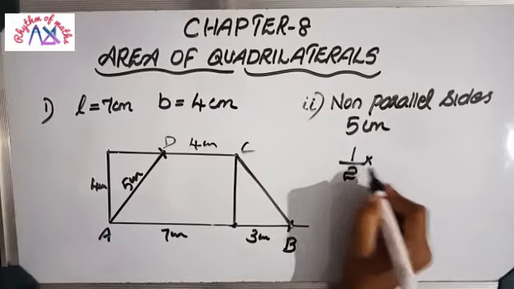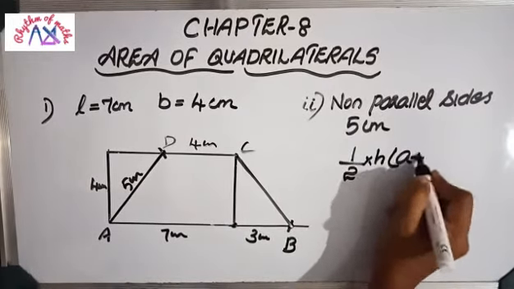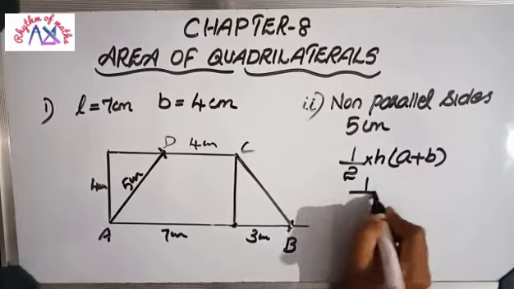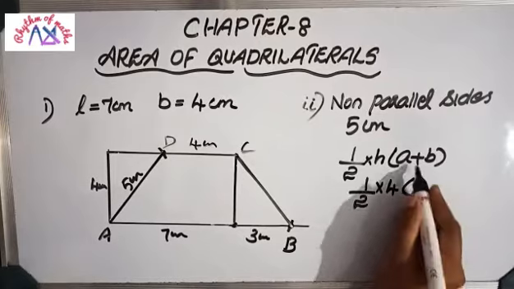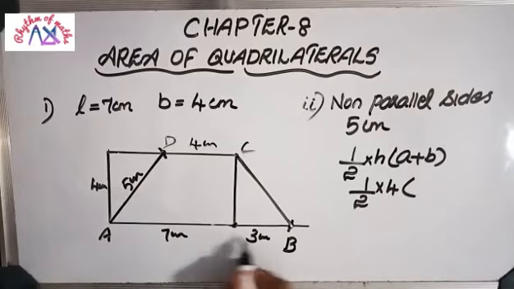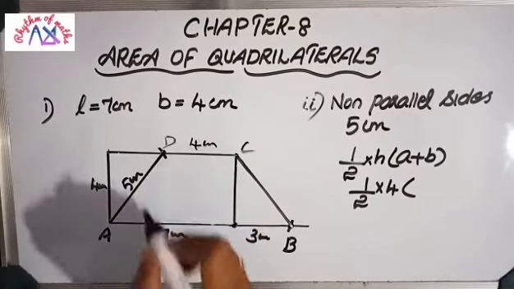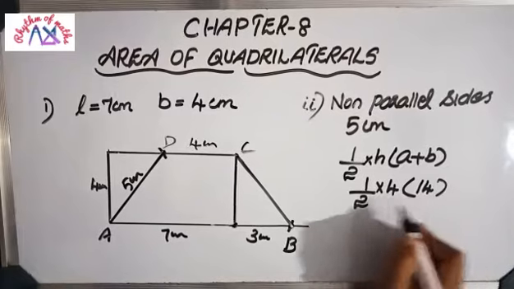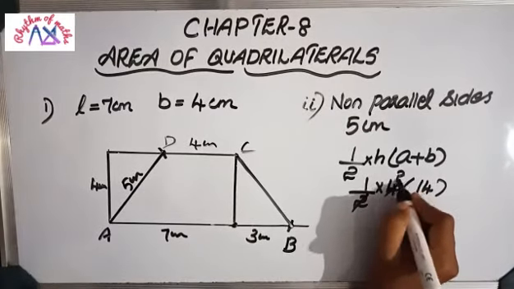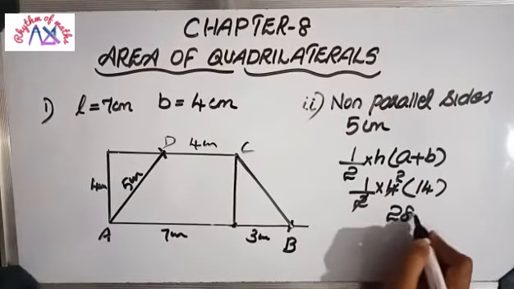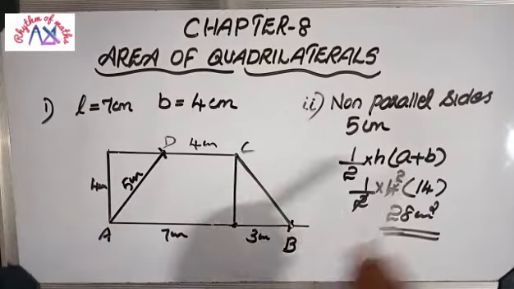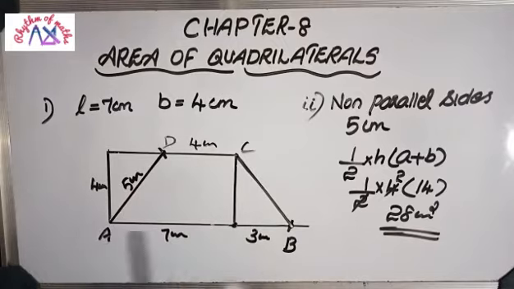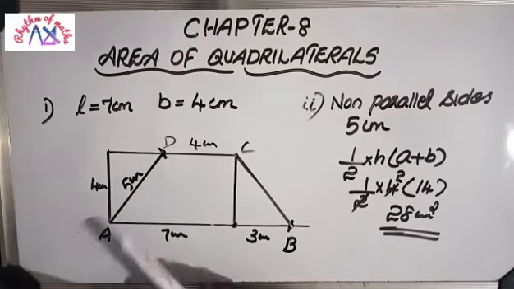So half into h into A plus B, half into h is 4. Height is 4 same. Now A plus B is, A is 7 plus 3, 10 centimeter, B is 4. So total is 14. Then here same like the previous case, 2 into 14, 28 centimeter square we will get. So this is the figure. No need to prove like this, just to draw, that is enough. Okay, so this is the second sub question answer.